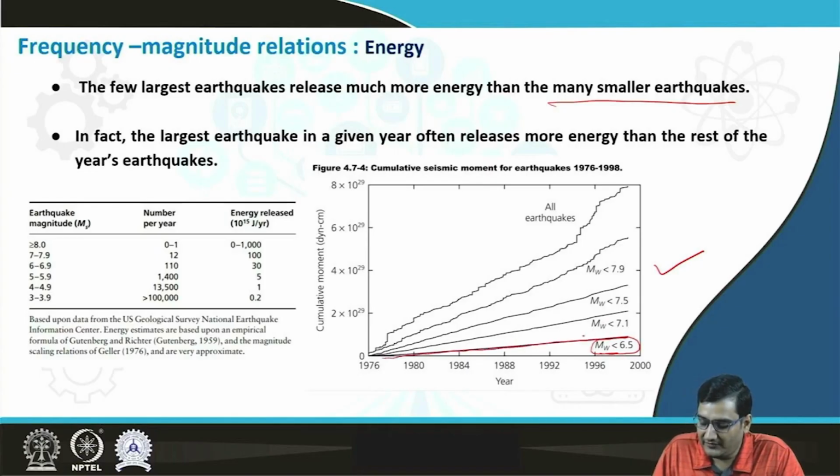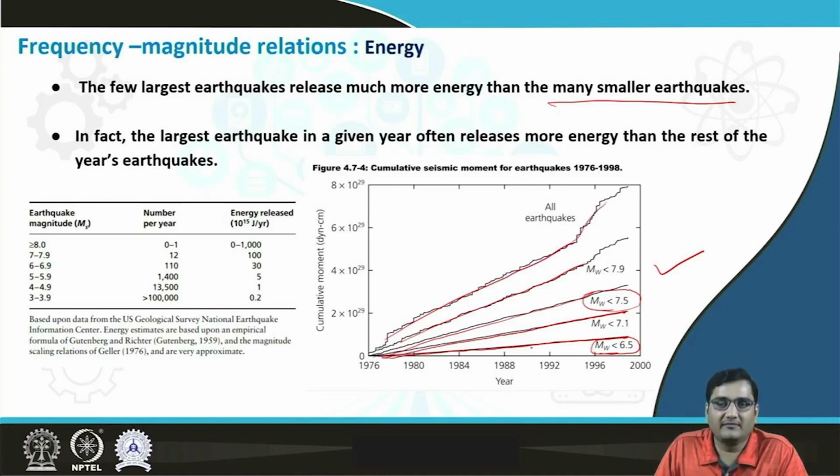And if you consider the earthquakes less than 7.1, that means you are incorporating larger earthquakes now, then they will have more effect and it will show a larger moment release. As you increase the magnitude further and include more large events, it will become something like this. So for all earthquakes, you can see there is a very large value.